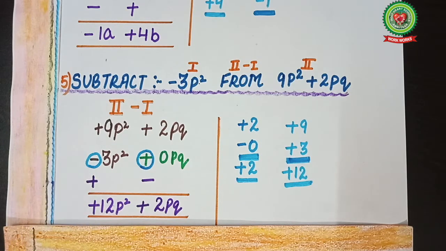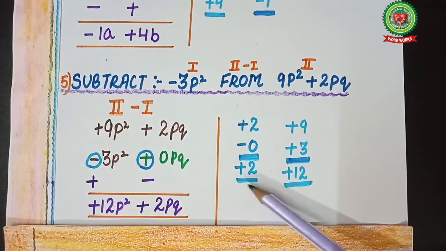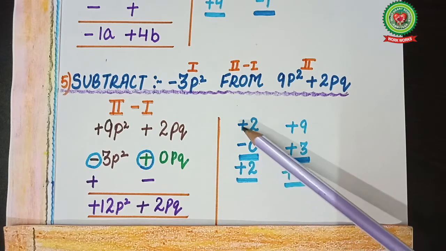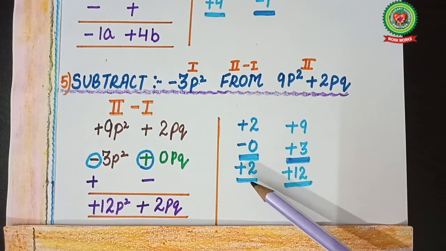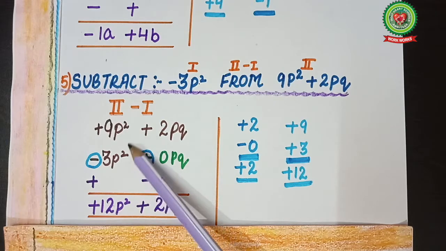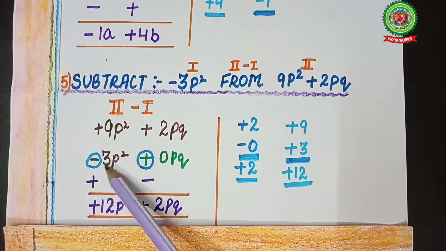Now again we will have a partition line and we will do all our calculation over here. Now we will take plus 2 minus 0, that is plus, the sign of the bigger term, subtract the numbers. So here plus 2 minus 0, that is plus 2. So here you will write plus 2pq, right? Next is plus 9p square plus 3p square.